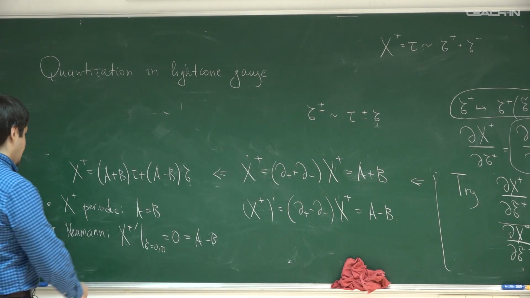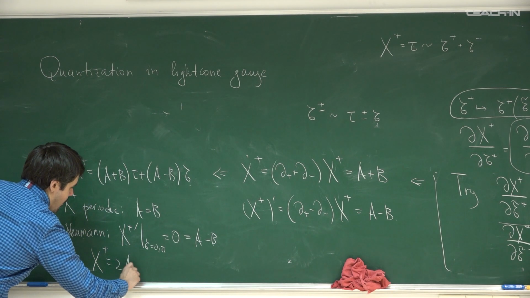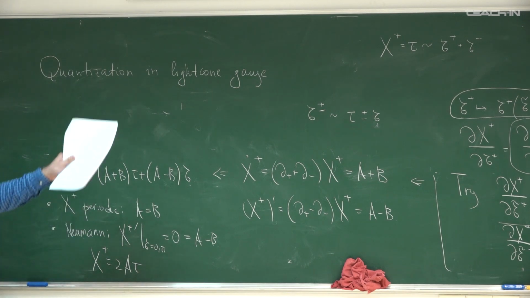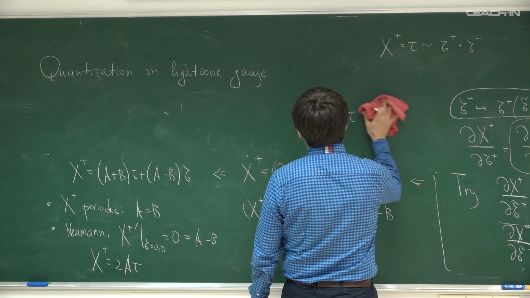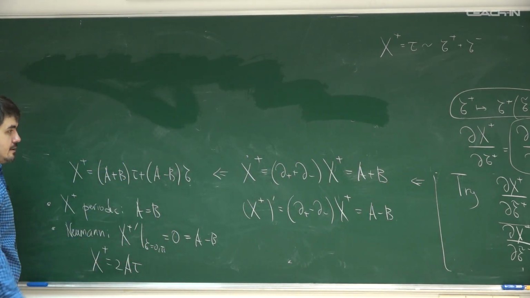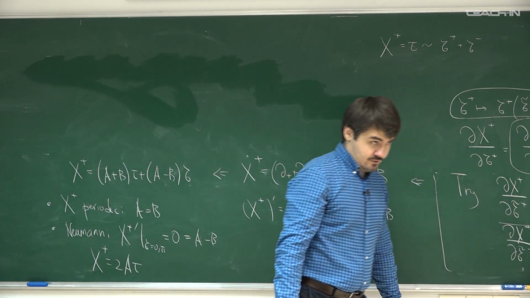So that means that x plus is 2a tau, right? Which is almost what we want. Well, there's some coefficient, 2a, but we said both derivatives with respect to sigma plus, sigma minus are two constants.